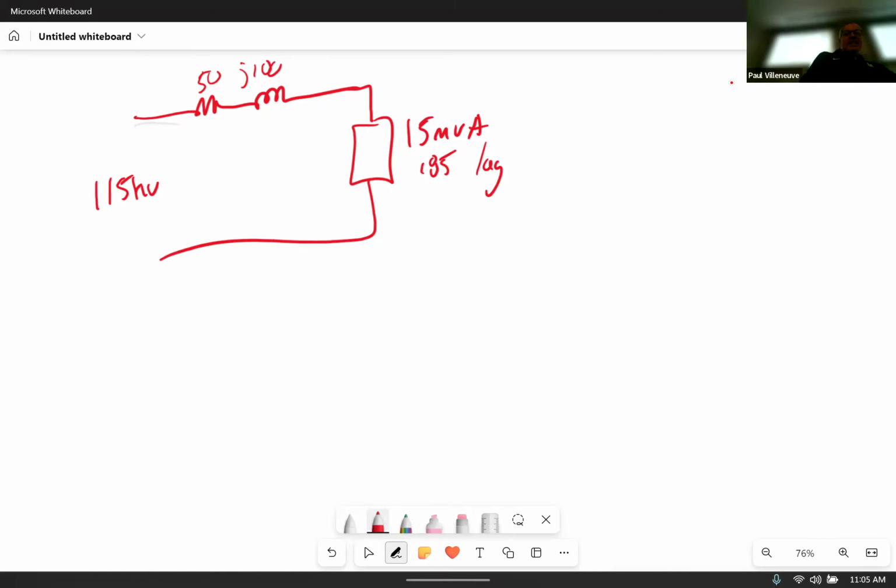So the idea is we have 115. Where does the 115 kV live? Across the load. A lot of you said, I'm dropping 115 kV here. Is that true? Why would that not be true?